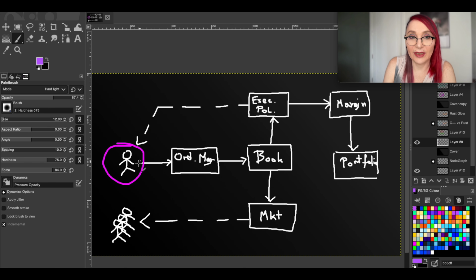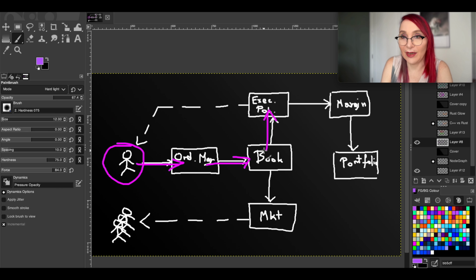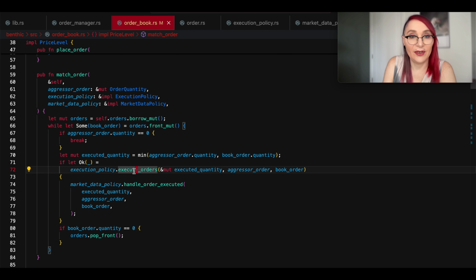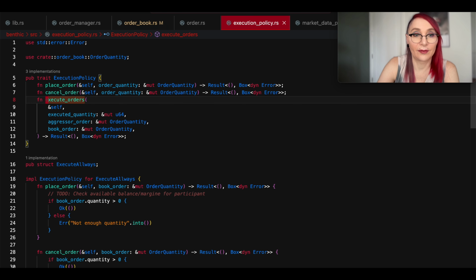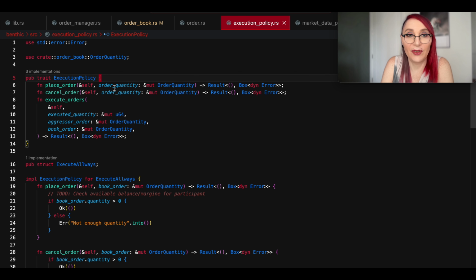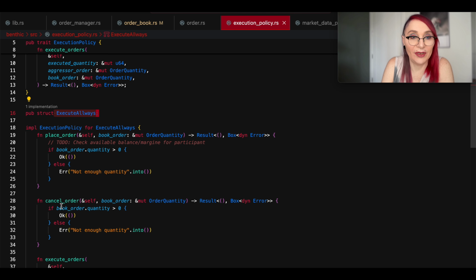So our order came from our user to the order manager, where it went to the book, and it's now going to execution policy because we have a match. Let's check this one. Execution policy is a trait. There is an execution policy called execute always, and this execution policy only complains if quantity is 0. Okay.